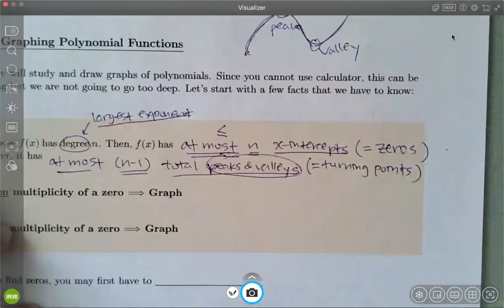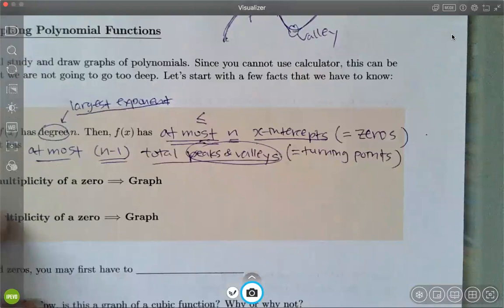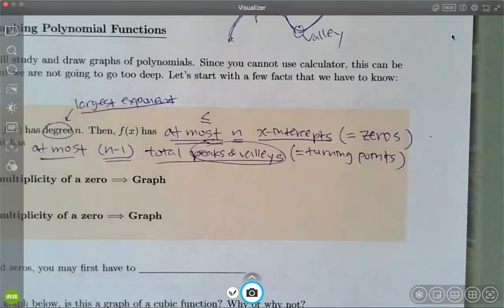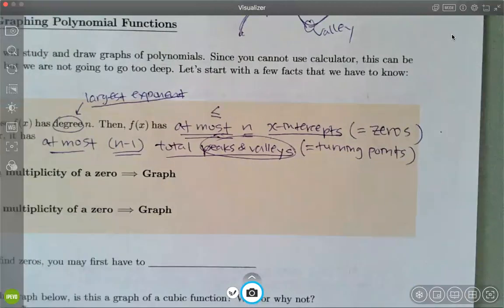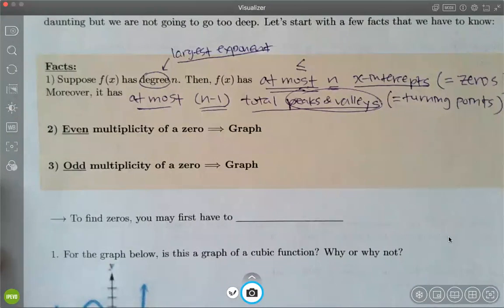Okay, so if f of x has degree n, then first it has at most n x-intercepts, which is zeros, and then it has at most n-1 total turning points. Okay, so the number of turning points is degree minus 1. So that is the first fact, which is not that significant actually in terms of the graphing that we are trying to get. The next two facts are important.